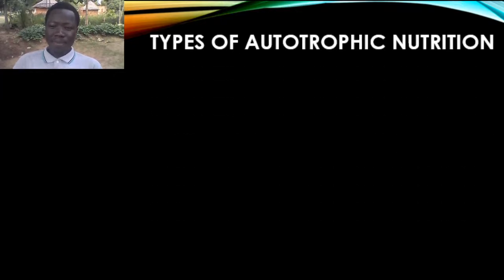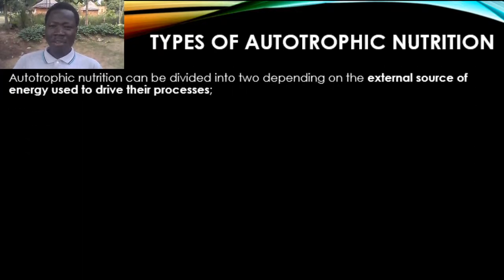There are types of autotrophic nutrition, and these types are categorized depending on the external source of energy that is used to drive this process. The first is what we call photosynthesis.